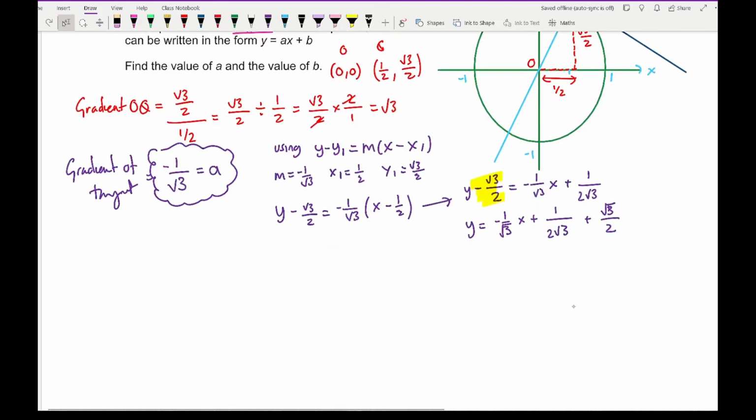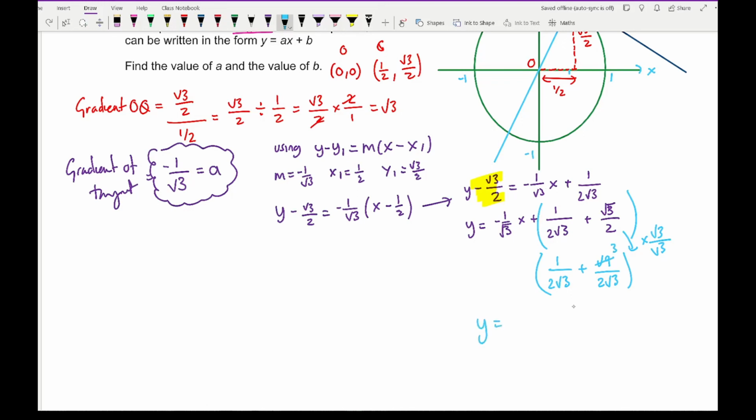So if I just scroll down a little bit, let's just neaten all of this up. Again, because I imagine this is non-calculator, I need to have a common denominator. So that's going to be 1 over 2 root 3 plus, now if I multiply this whole fraction by root 3 over root 3, then I end up with root 9 at the top and 2 root 3. Now root 9 is just 3, so what I've got is 1 plus 3, which is 4.